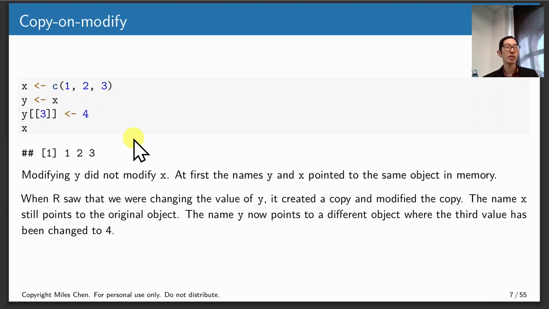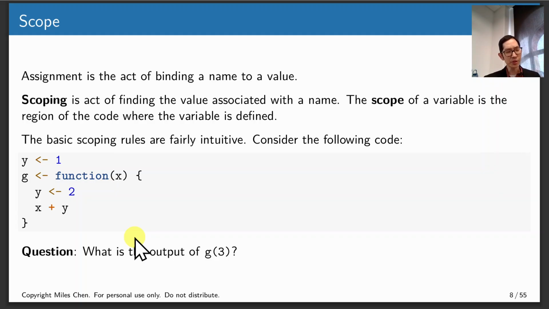So R has what is called copy on modify. When it sees you're going to modify something, it creates a copy of it, and it modifies the copy. So the original thing is unaffected. When we assign, that binds a name to a value.